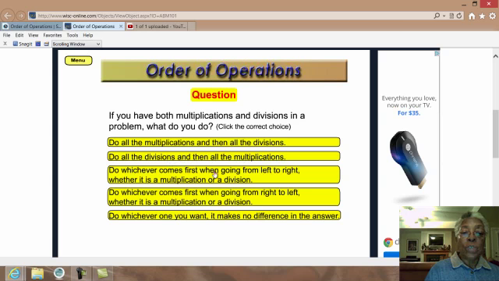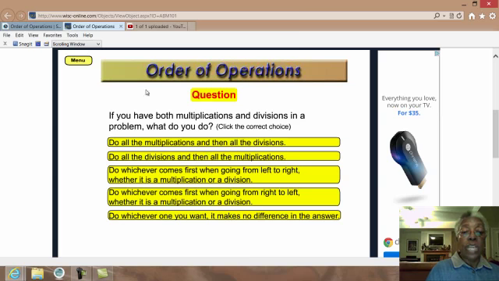Do whichever comes first when going from left to right, whether it is a multiplication or a division. Or do whichever comes first when going from right to left. Or do whichever one you want, it makes no difference in the answer.